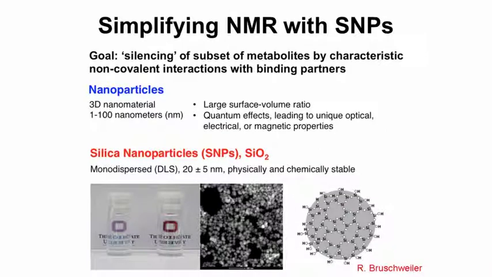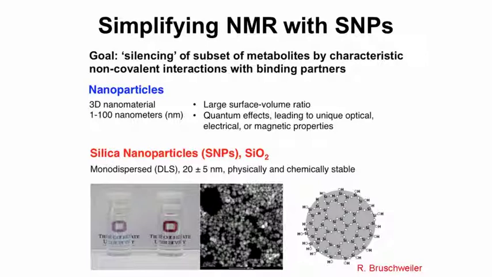In addition to playing around with methanol, or concentrating using standard filters or SPE columns, you can also simplify NMR by using silica nanoparticles. We're in a nanotechnology facility here, and I'm sure they have these all over the place.